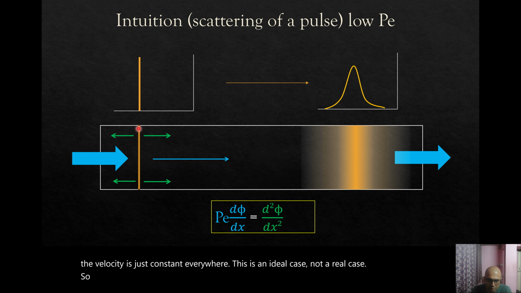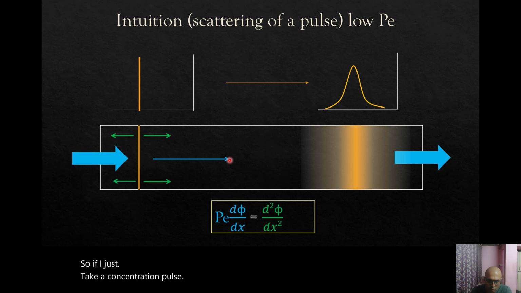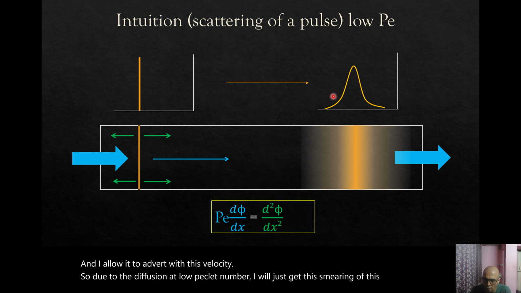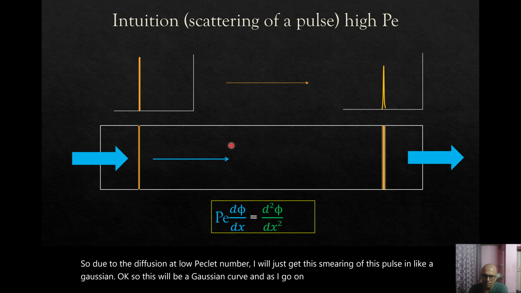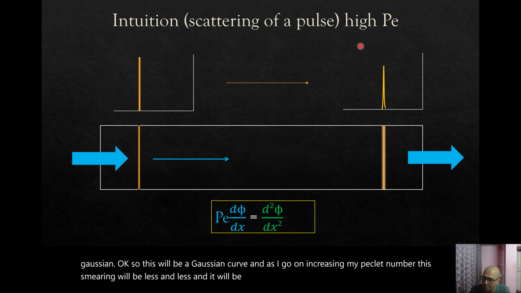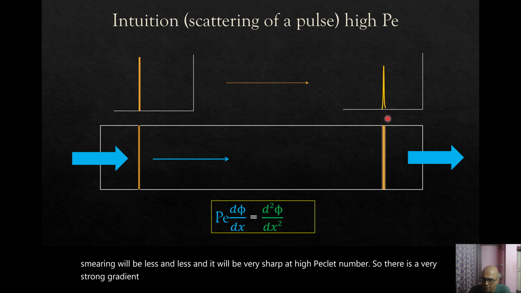If I take a concentration pulse and allow it to advect with this velocity, then due to the diffusion at low Peclet number, I will get a smearing of this pulse like a Gaussian. As I go on increasing my Peclet number, this smearing will be less and less, and it will be very sharp at high Peclet number. So there is a very strong gradient at high Peclet number, and because of this it is more difficult to model, and you will need a lot of points here.